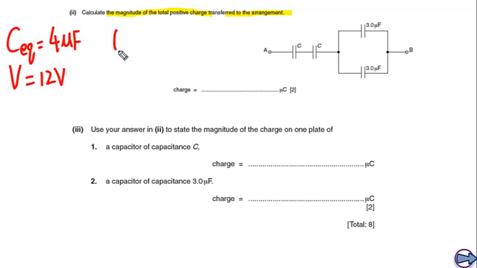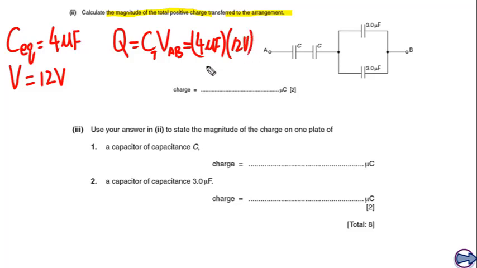Now simply we need to calculate Q. So Q is simply equal to C V, where C is C total and V is the potential difference between points A and B. As this is 4 microfarads, we multiply it with 12 volts, and our final answer will be 48 microcoulombs.